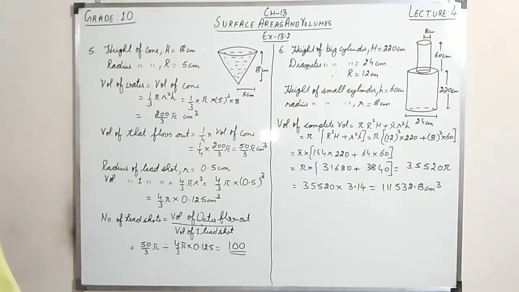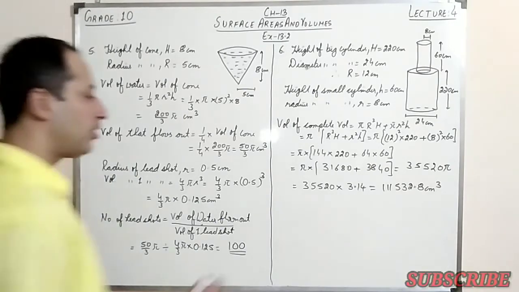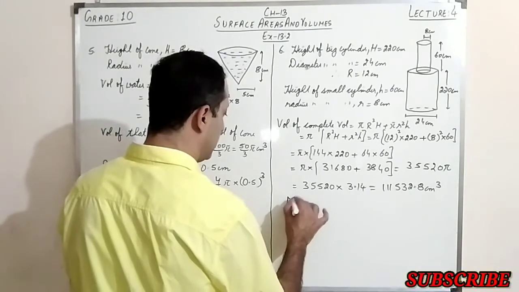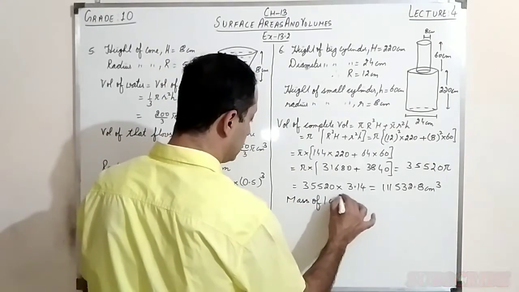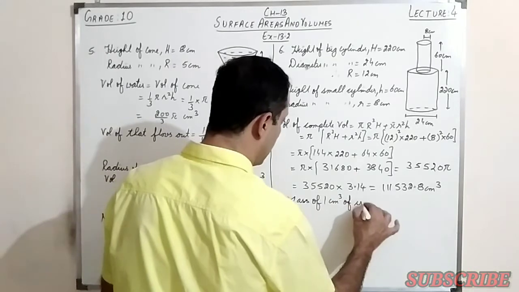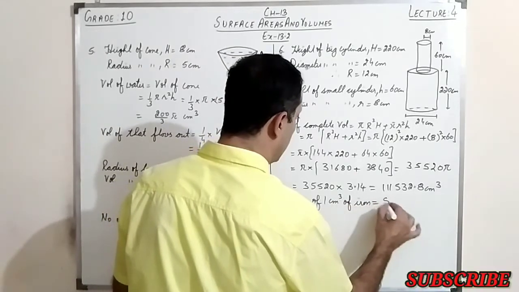Now we have to find the mass. Now mass of 1 centimeter cube of iron is given as 8 gram.